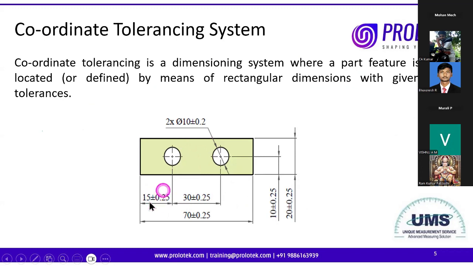Here I have given 15 with plus or minus 0.25 and 10 plus or minus 0.25. This method is called coordinate dimensioning, where size dimensions and location dimensions all have plus or minus tolerance. With parts produced with this type of dimension, we will be able to control the size, but we will not be able to control the shape.